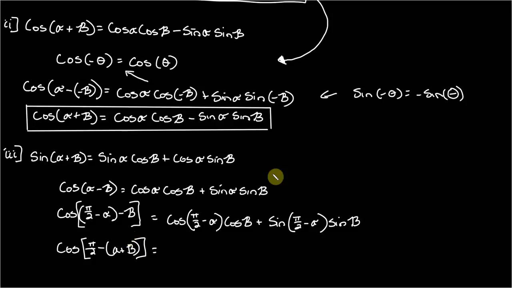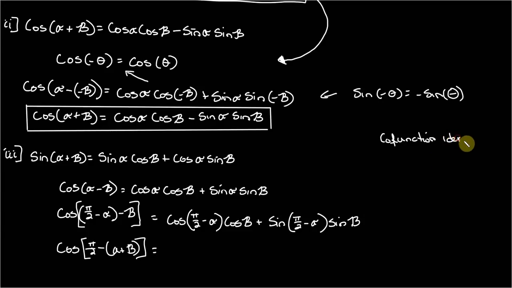Now we're going to use the identity here. We have cos pi over 2 minus alpha. Well, the cofunction identity here, let's write it over here, maybe I'll even write the definition. Cofunction, one can look this up if you would like.